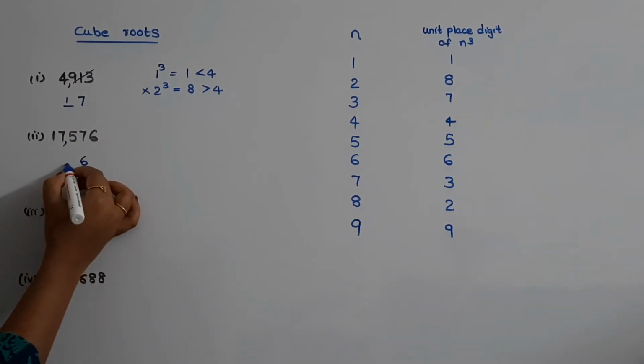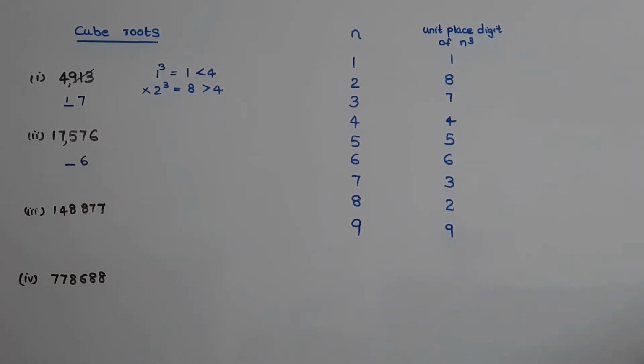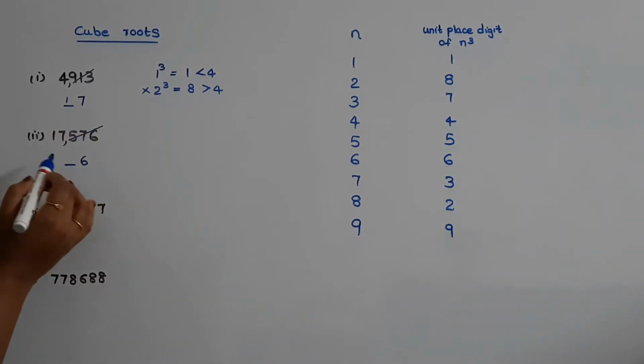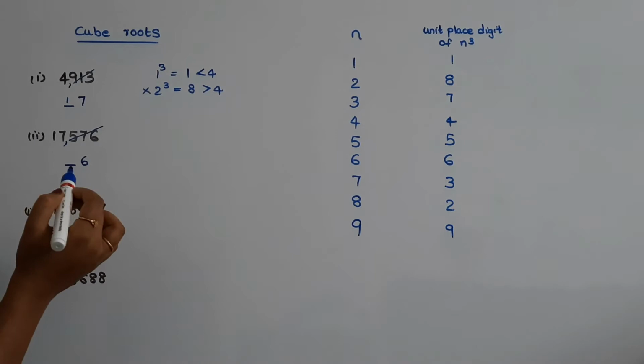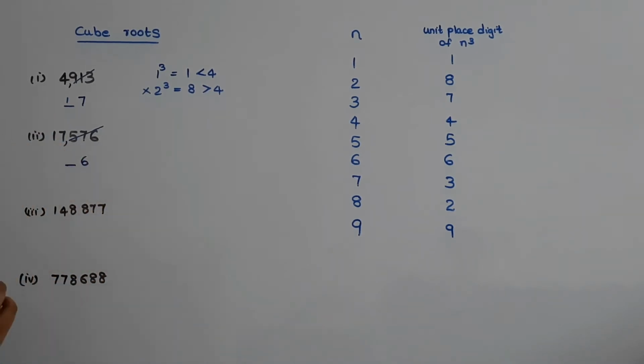Now we need to find out the tens place digit. For that, first you cancel the last 3 digits. Now this number will be the largest number whose cube is less than 17.